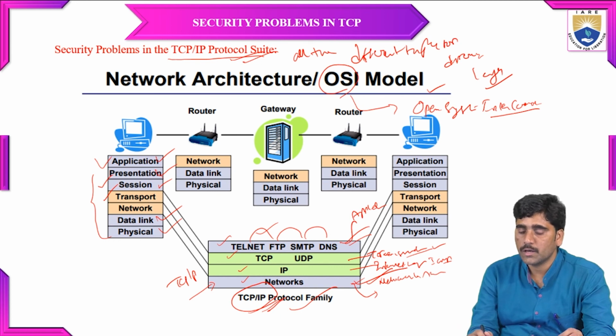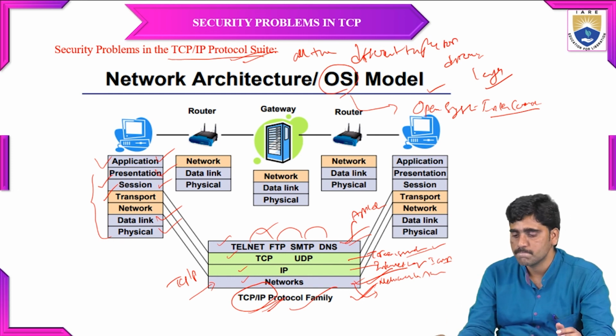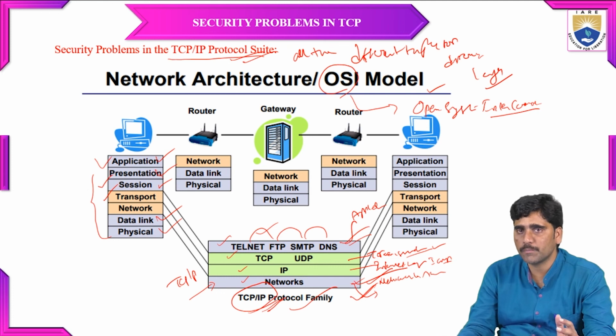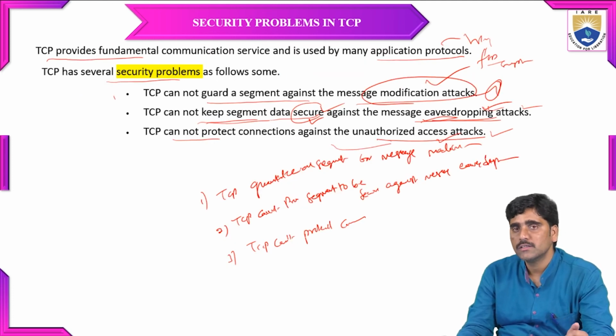The application layer contains some protocols, the transport layer contains some protocols, the internet layer contains some protocols, and the network access layer contains some protocols. Each protocol has certain regulations or principles to transfer the data. But some problems occur in TCP security.